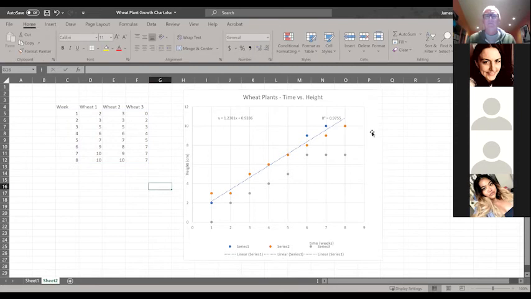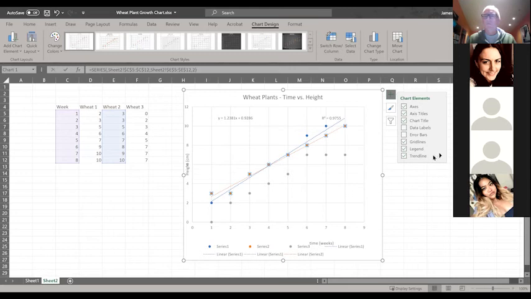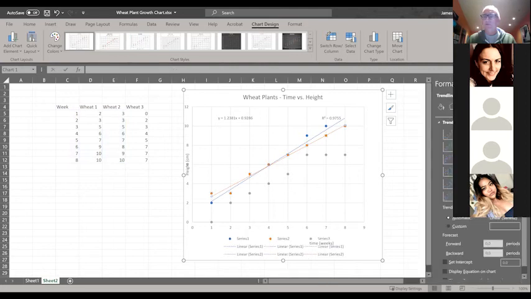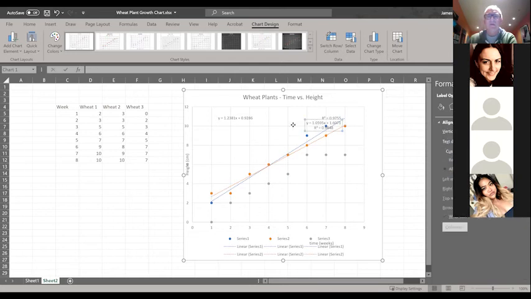So number 2, wheat number 2, there we go. More options, series 2. So I want my equation and r squared. Here, I'll move this over. So here's my number 2.